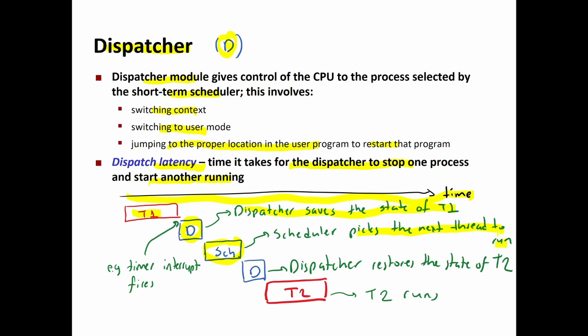Once it picks that, the dispatcher is called, and it restores the state of T2, and then T2 runs here. So this is the overall idea. The dispatcher latency is this whole duration from this point to this point that we have seen here, meaning it's the overhead of making these context switches.